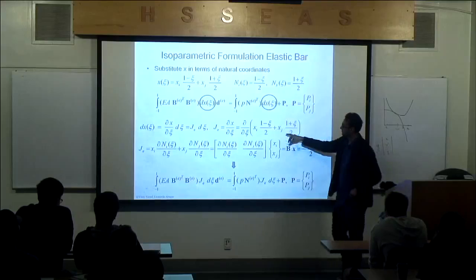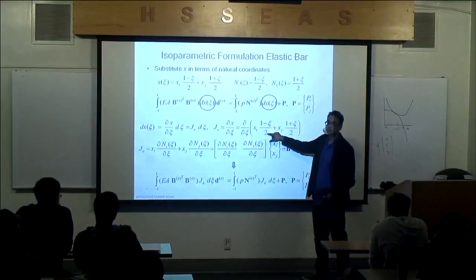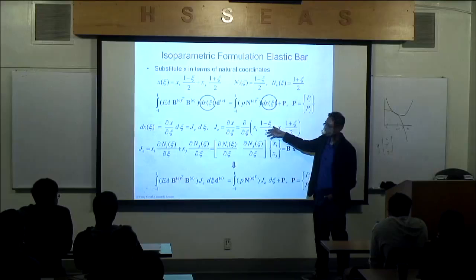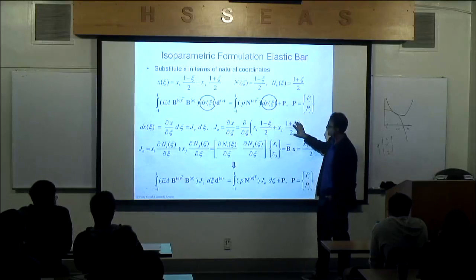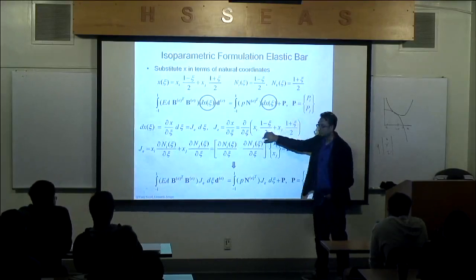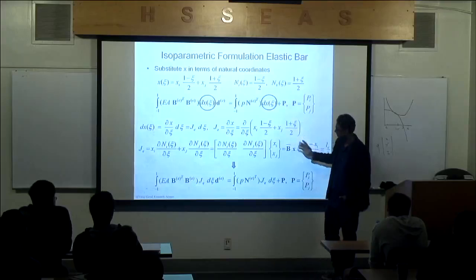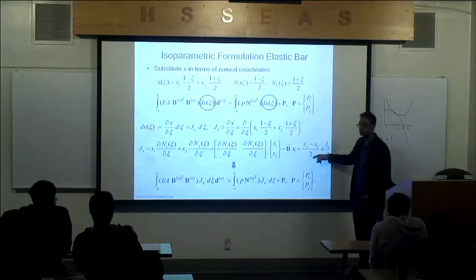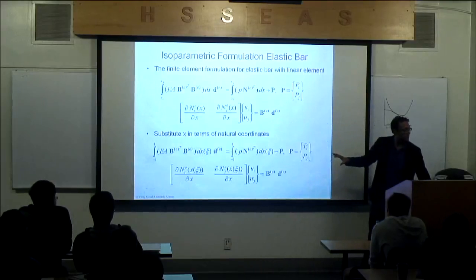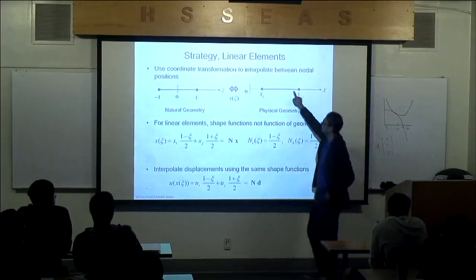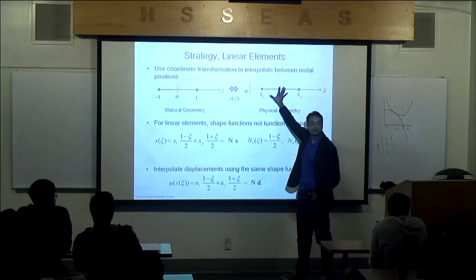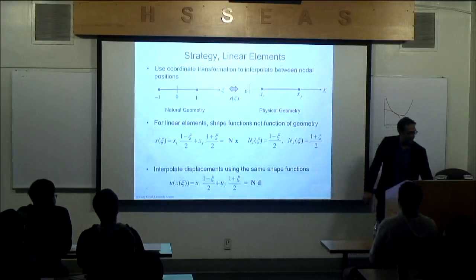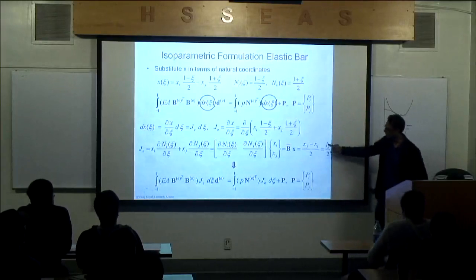Now, we can do the calculation. So what is the derivative of (1 minus c) divided by 2 with respect to c? Minus 1/2, right? And the derivative of the other term is plus 1/2. So xj minus xi divided by 2. You agree? What is xj minus xi for a linear element? That's the element length. So I basically have L over 2 for j.